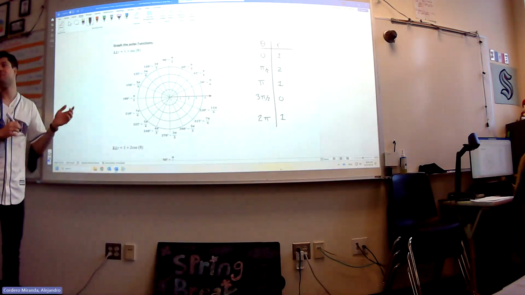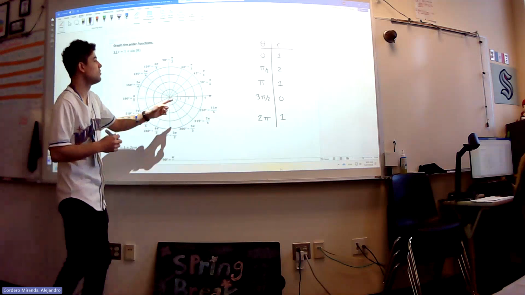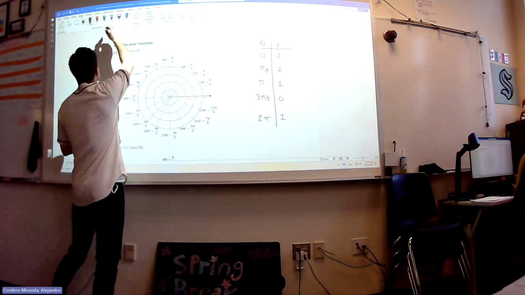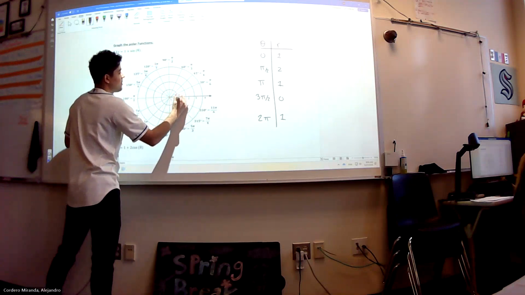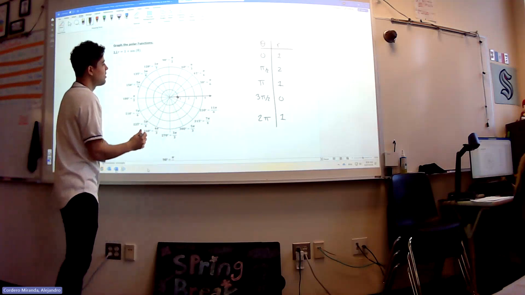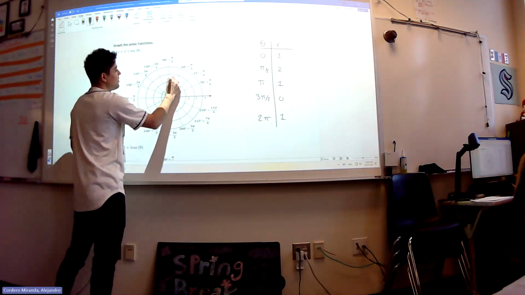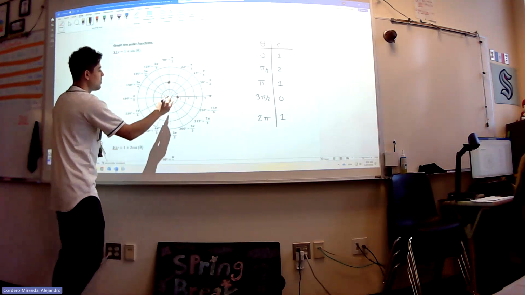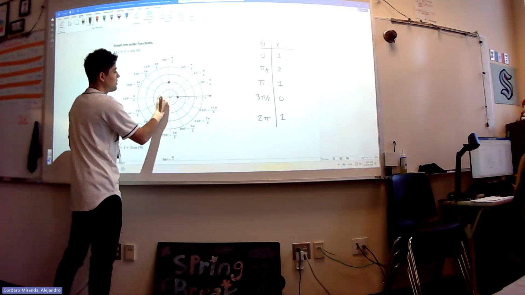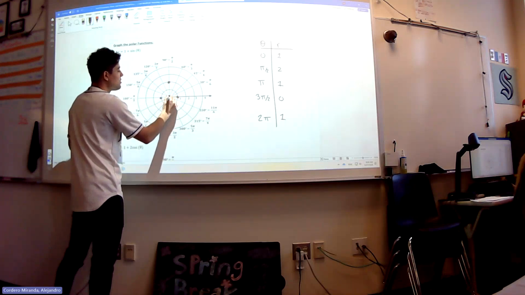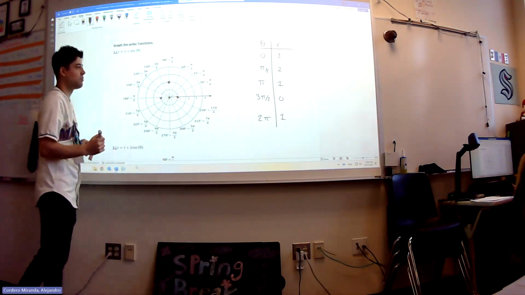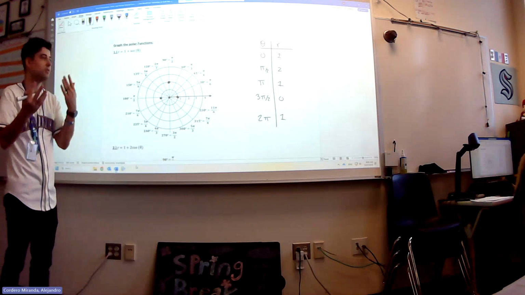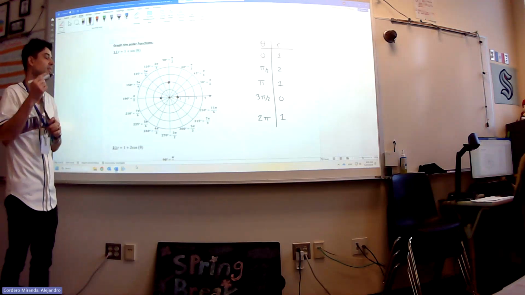Okay, cool. And then I might plot these points. So theta being 0, r being 1 would be here. And then pi over 2, 2 would be here. And then pi, 1 would be here. 3 pi over 2, 0. I just remember that I've got to go back to the pole, like to the origin is what they call it.